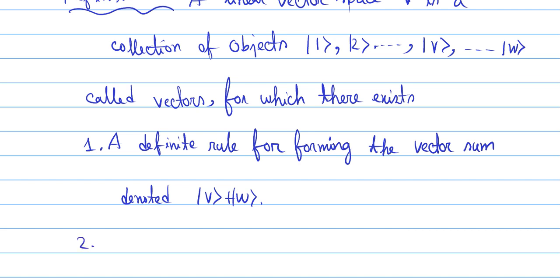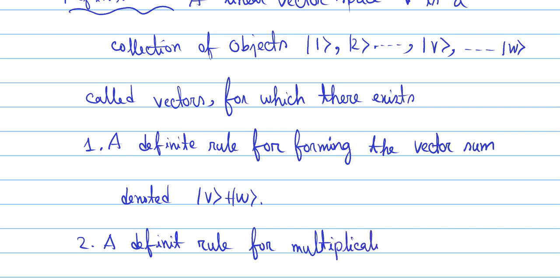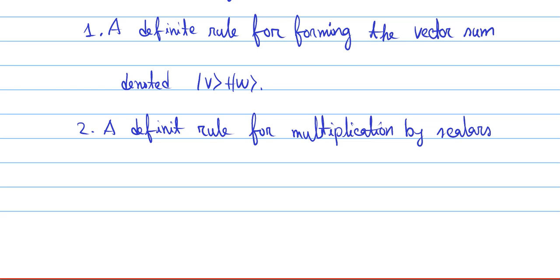And there will also be a multiplication rule, defined by a definite rule for multiplication by scalars a, b, etc., denoted a multiplied by v, with the following features.